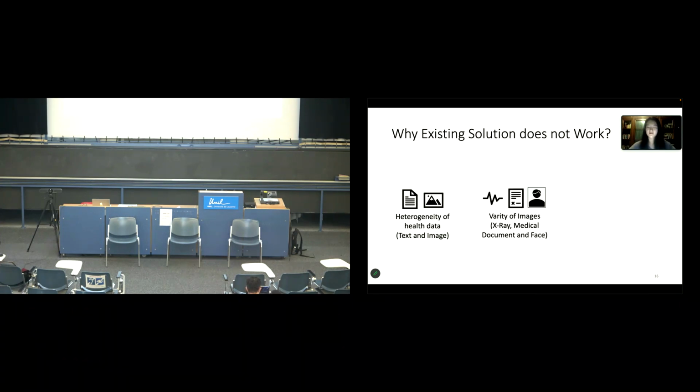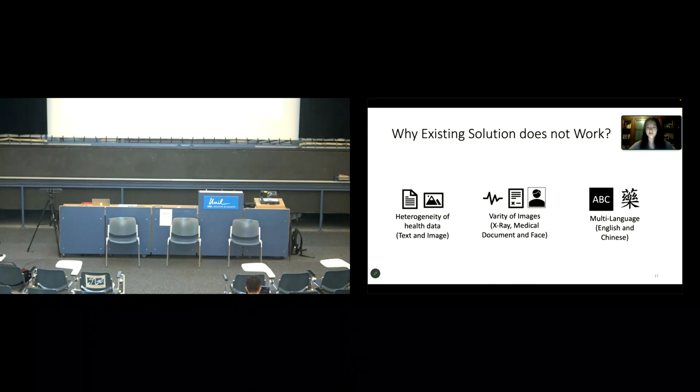Moreover, there are a variety of images shared on online health communities, such as photocopies of medical documents, X-ray, and even images of faces. These images are of different sizes and resolutions. Finally, the communication language varies across different platforms. As a result, we need to analyze multi-language text, both structured and unstructured, from those medical images and text descriptions.